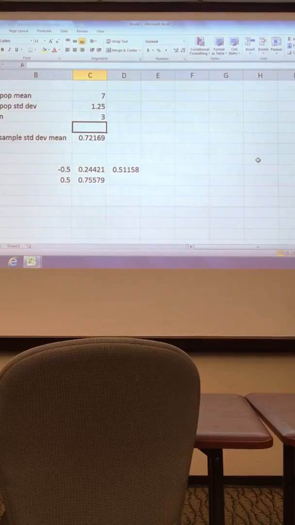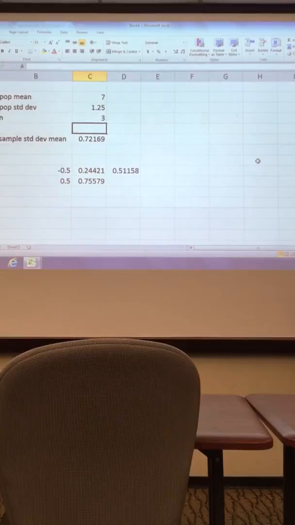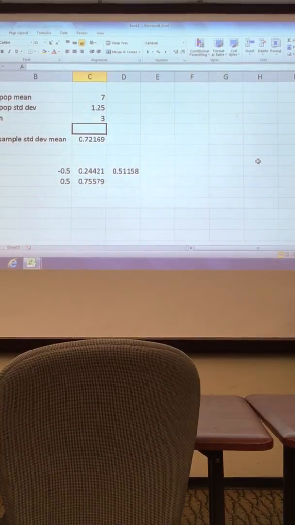Or say that we run a factory and we produce light bulbs, and we want to advertise how long our light bulbs operate. The only way to truly know that would be to take every light bulb we ever produce, turn them all on, wait to see how long they all last, and then take the average.